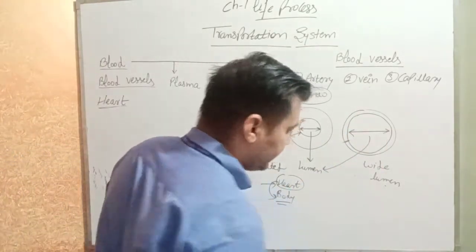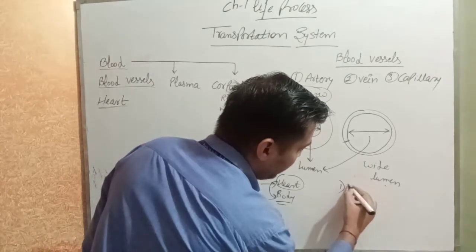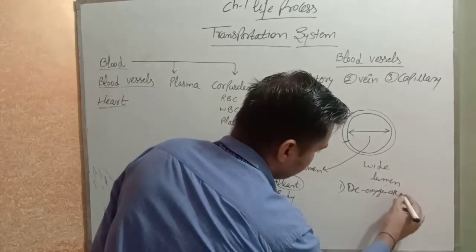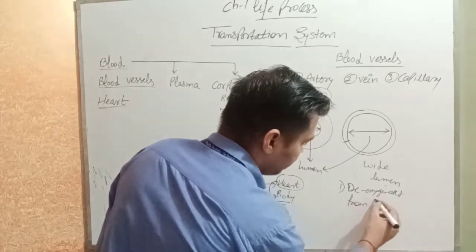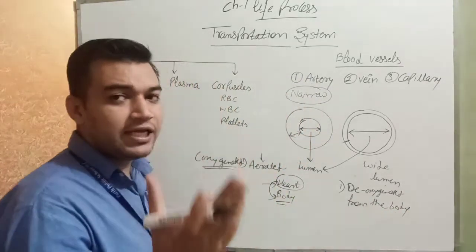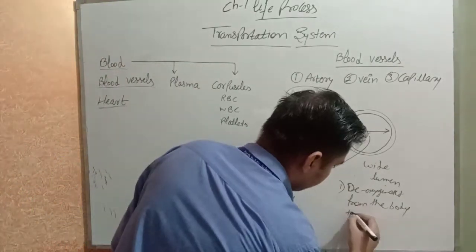वेन्स की अगर हम बात करें, it carries deoxygenated blood from the body to the heart. It brings deoxygenated blood back to the heart. Okay?